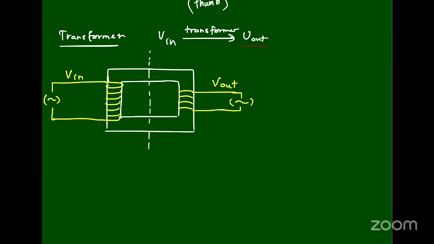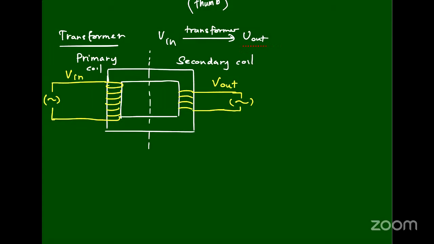The input section is known as the primary coil, the section where you have the input voltage, and the other one is the secondary coil, where you have the output voltage.